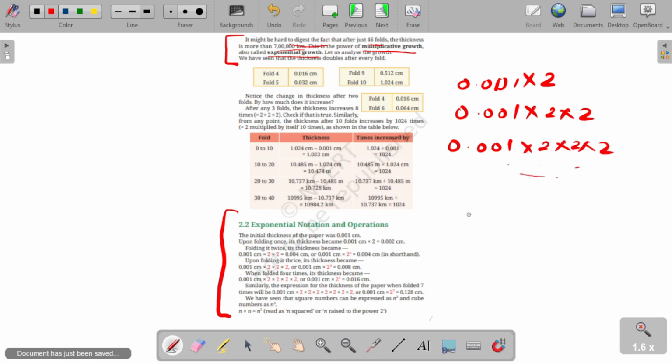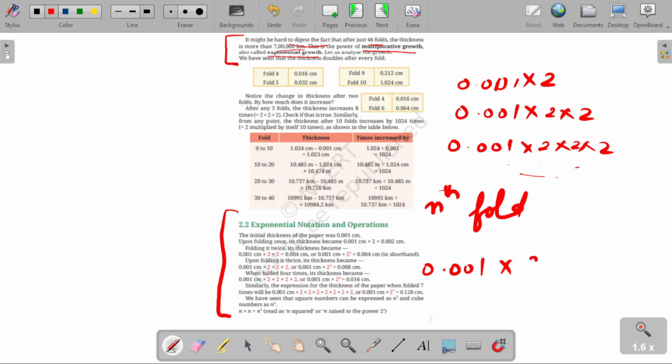And so on, right? When you need to find the nth fold, that means you are multiplying it with 2 raised to power n, multiplying n times. N means n can be anything, n times. It can be 50 times, it can be 100 times, it can be lakh times, and so on, right?